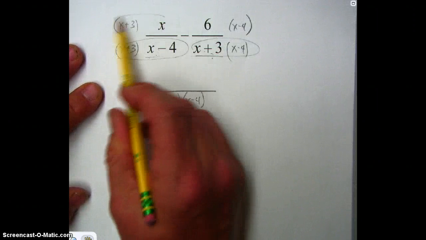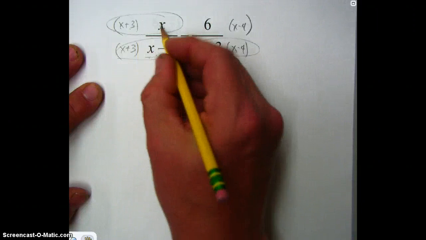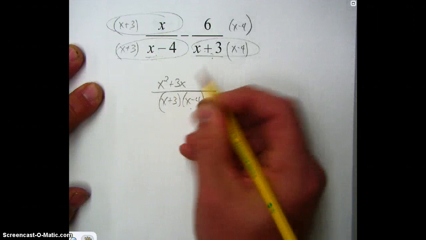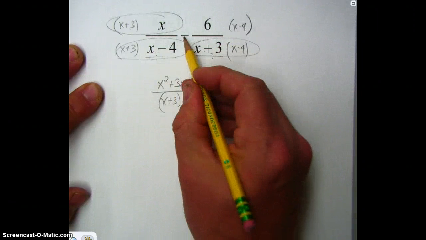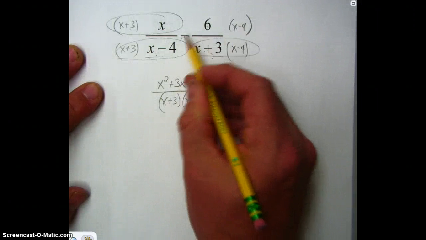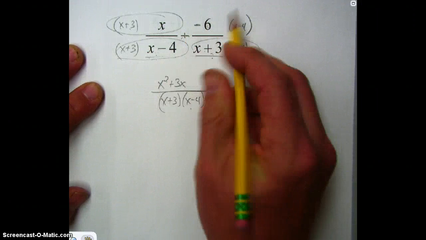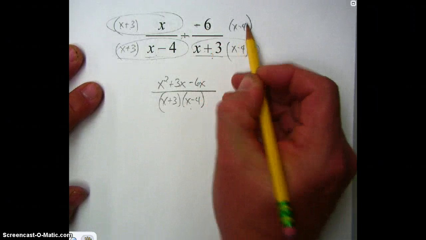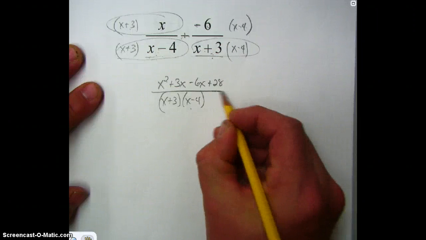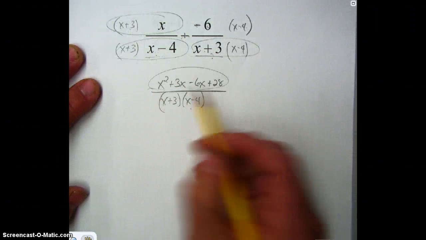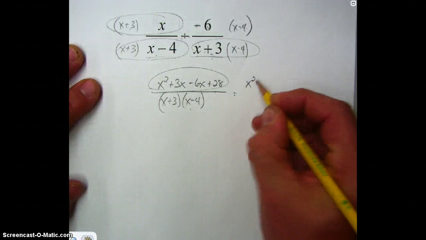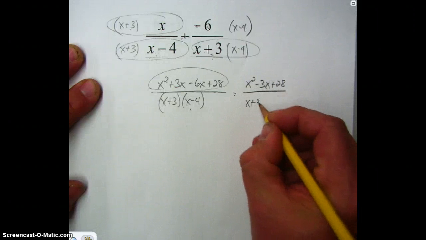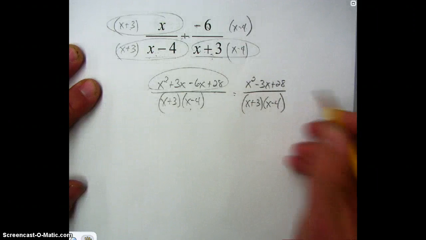So let's go ahead and multiply. x times x plus 3: x times x is x squared, x times 3 is 3x. Then we've got minus, so this is a negative 6, and I like to put the negative there with it. Negative 6 times x is negative 6x. Negative 6 times negative 4 is positive 28. Combine like terms. That gives me x squared minus 3x plus 28 all over x plus 3 times x minus 4.